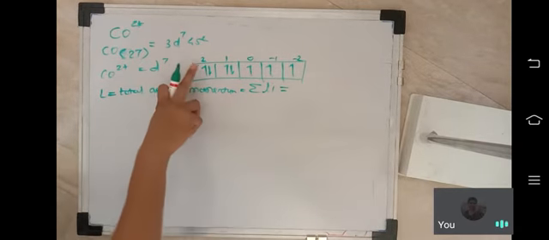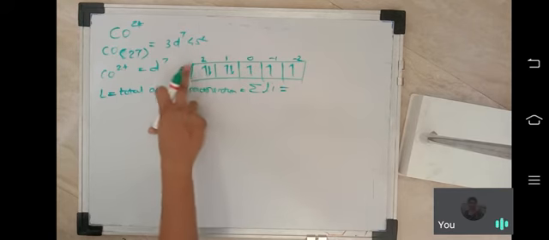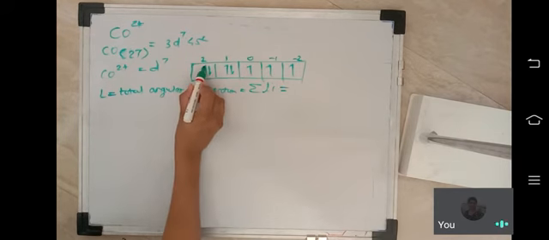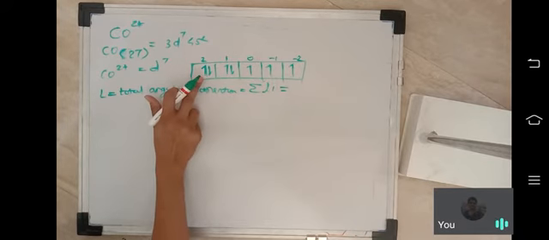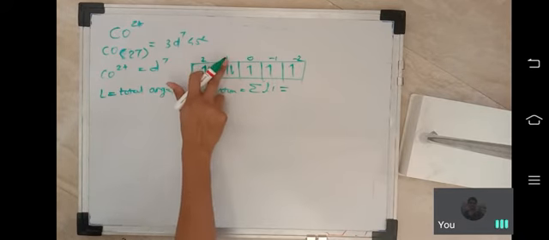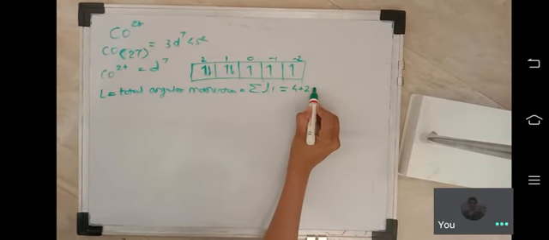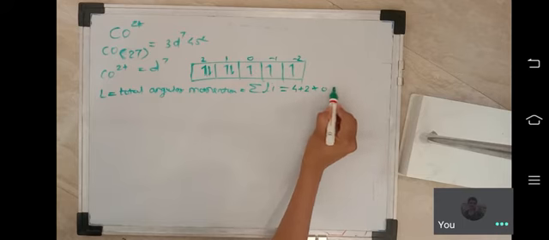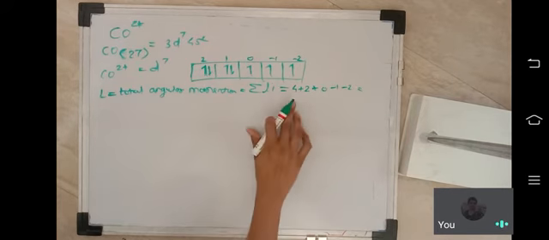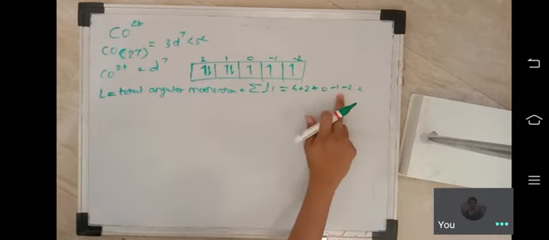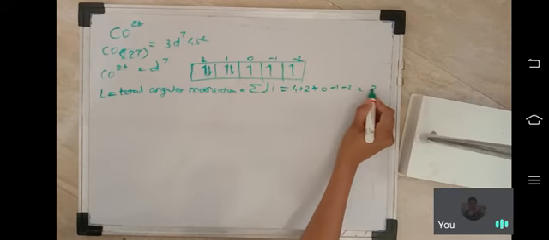Here 2 is there, 1 is there. You have to take 2 for this electron and the other 2 for this electron, that means 4. Here 1 is there, plus 2, then 0, minus 1, minus 2. What is the calculation here? 6, 6 minus 3, that means 3.